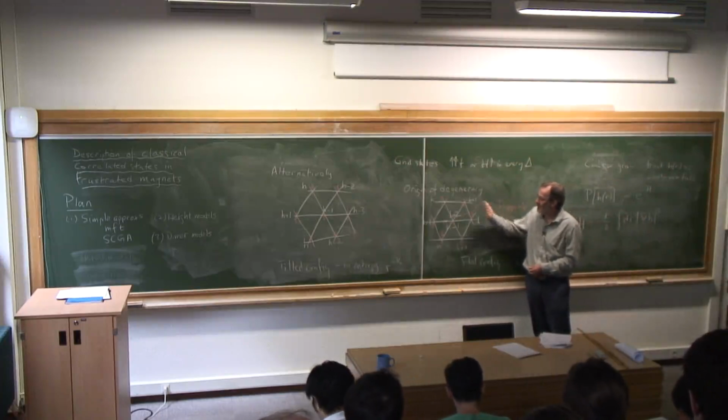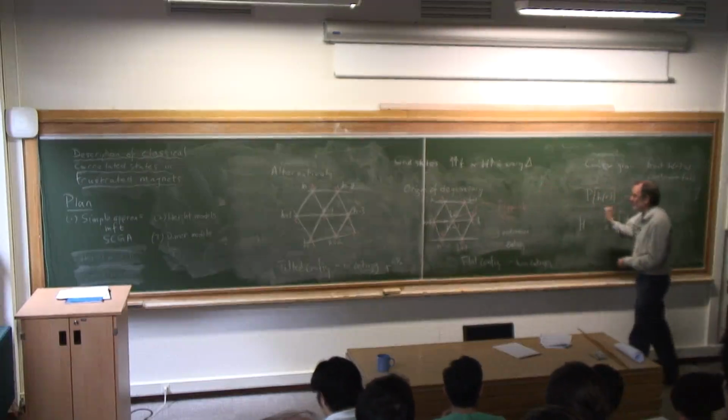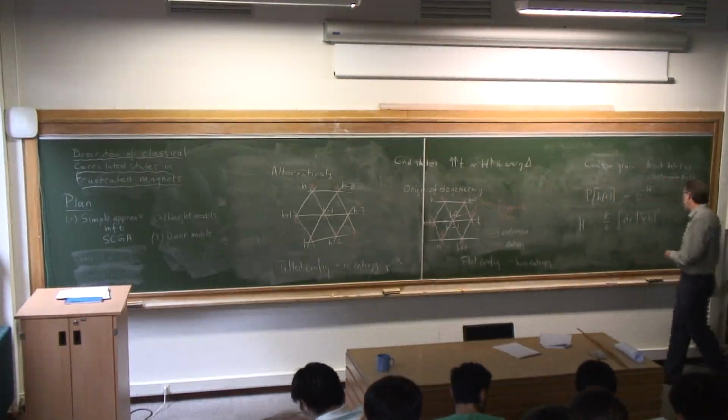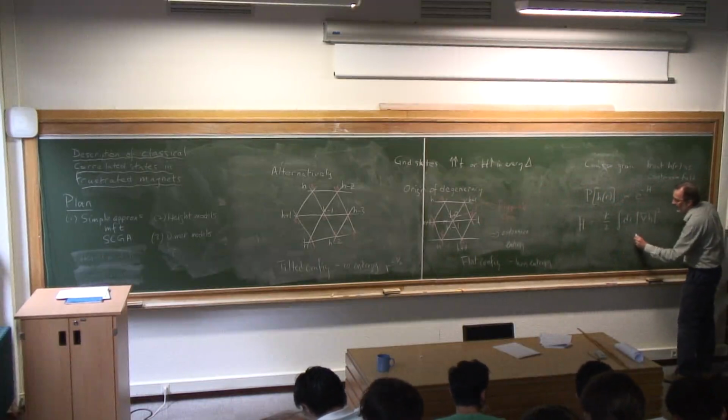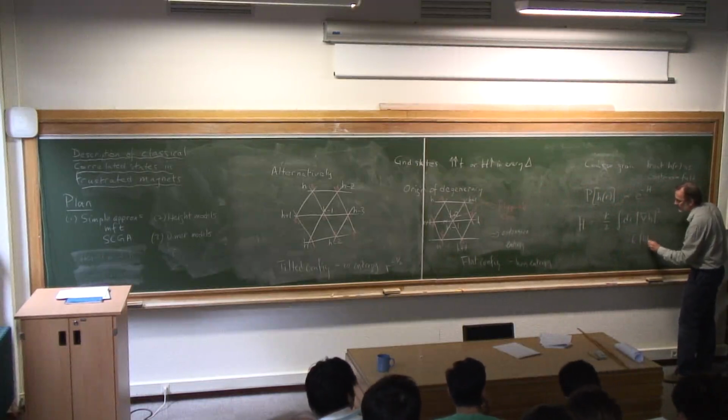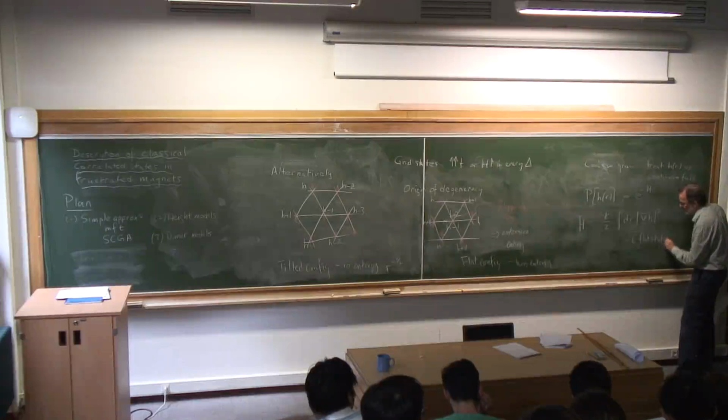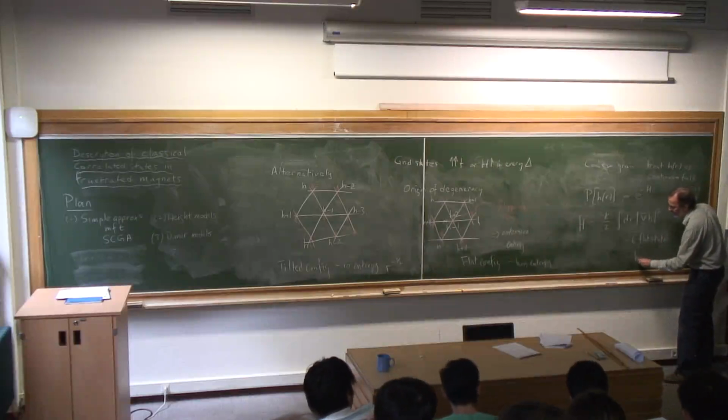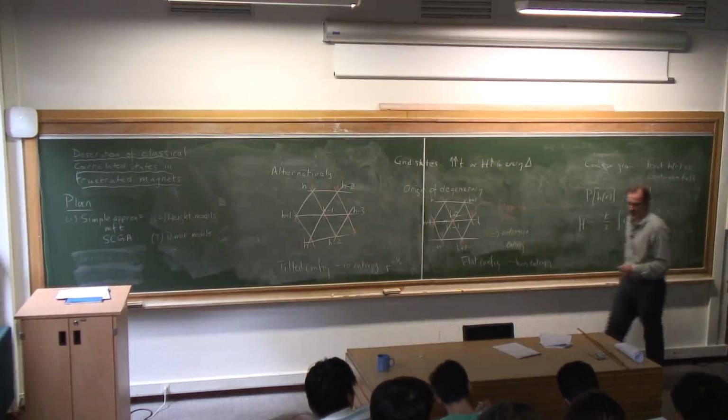So you get 3 states where the minority spin is up and 3 where it's down. So you have 6 flat states, and that means that H plus 6 turns out to be equivalent to H.